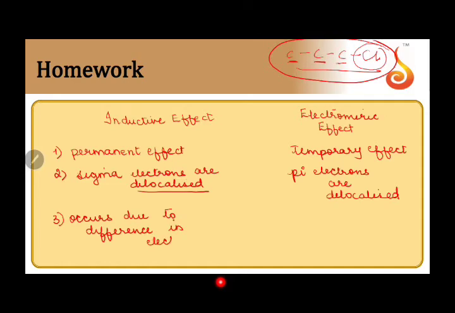Whereas in electromeric effect, there should be an attacking reagent. If you add an attacking reagent, then the delocalization of pi electrons takes place. So it occurs due to an attacking reagent.